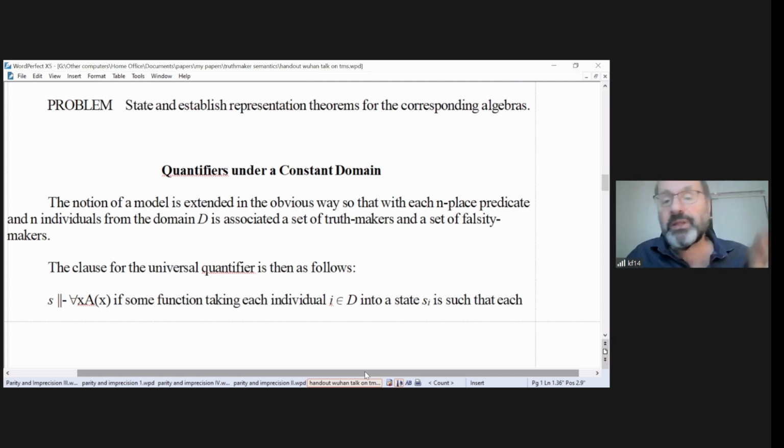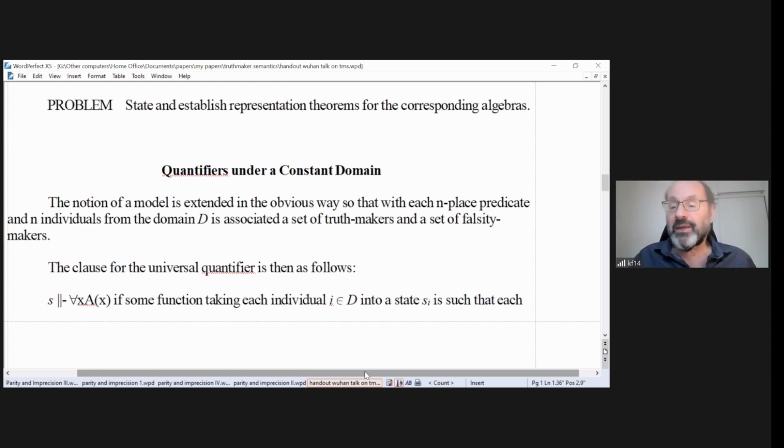If we've got, let's say, a two-place predicate and two individuals, we have to say what the truthmakers are for the sentence that the predicate holds of these two individuals, and what the falsity makers are. So instead of just assigning truthmakers and falsity makers to a sentence letter, we assign truthmakers and falsity makers to a predicate along with an appropriate number of individuals.